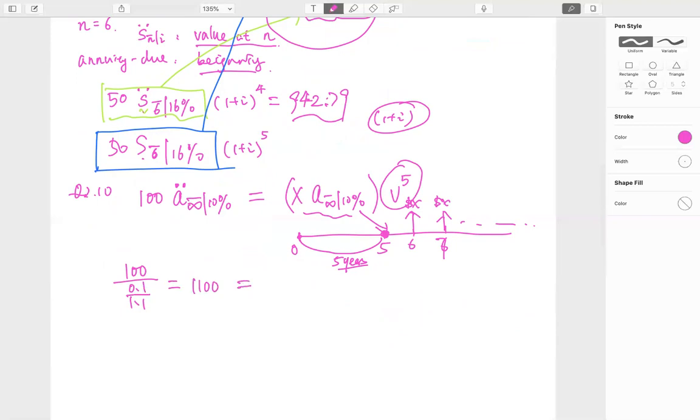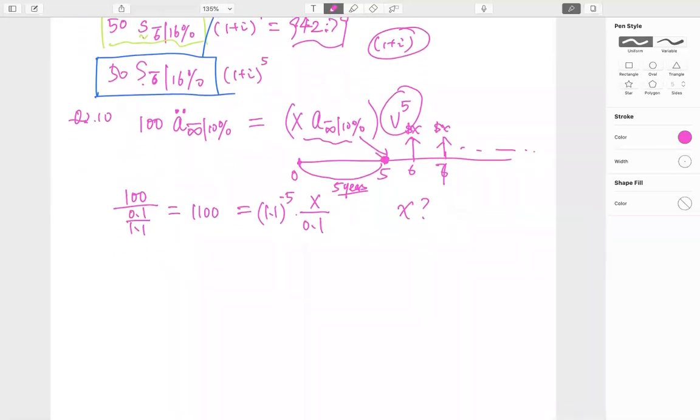Right-hand side is 1.1 to the negative 5 times x. So now you have a perpetuity immediate, so you divide by i, which is 0.1. You should be able to figure this out, right? You will get the x value. So please complete this.